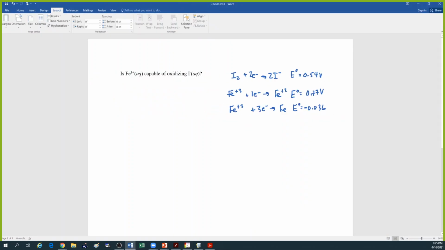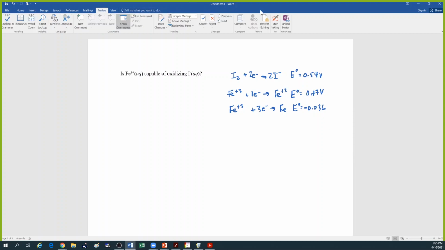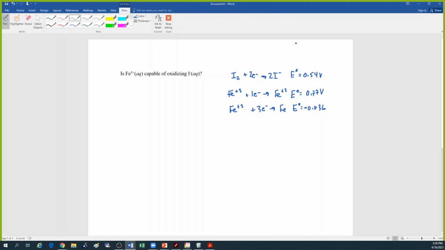Now these are all reduction potentials, so they're comparing how well one is reduced compared to another. We want to oxidize the iodine, right? So we want something that's easier to be reduced because we want it to be reduced by the iodine.